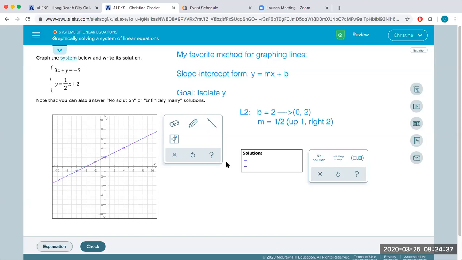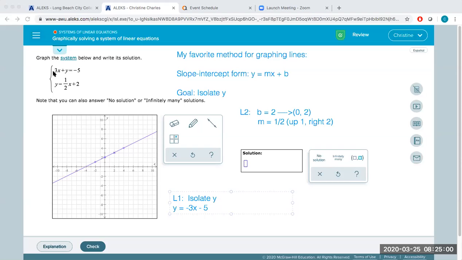Okay. So now for line 1, we see that we actually don't have the form we want yet. So I'm going to isolate y. I wind up getting y equals negative 3x minus 5.